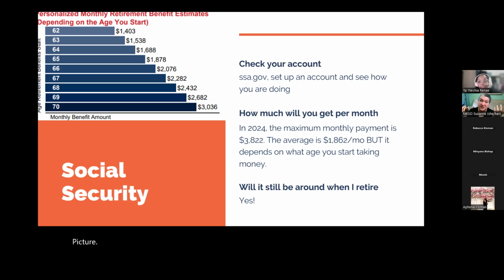And then the other thing is, if you get it earlier, you can also take the money and invest it, at which point you're probably going to be making a higher percentage than the increase is, because I think it comes out to like 8% per year that it goes up. Anyway, it is a big question.